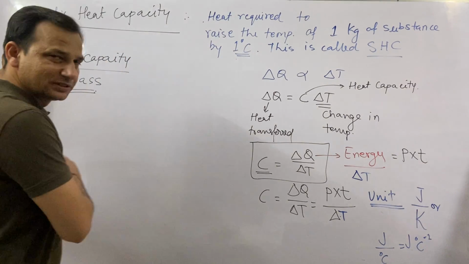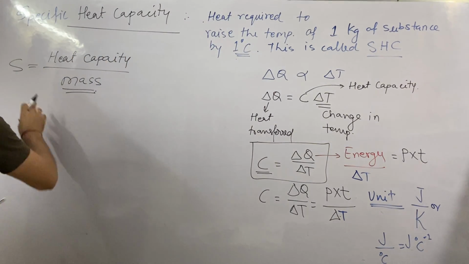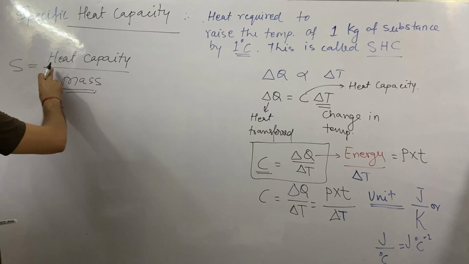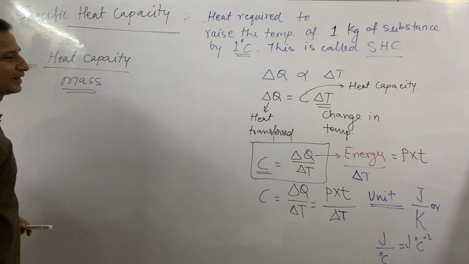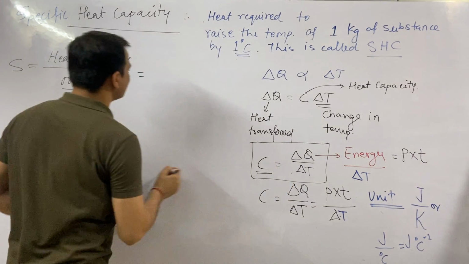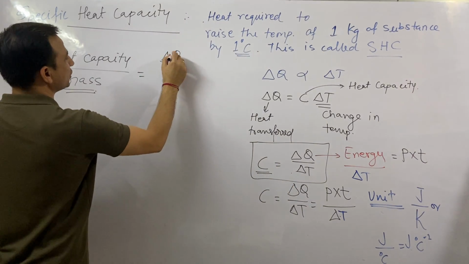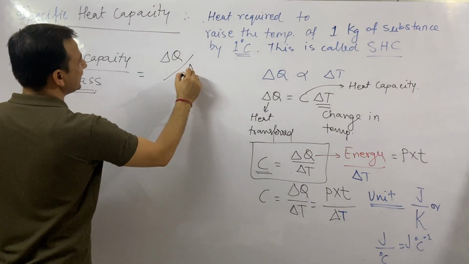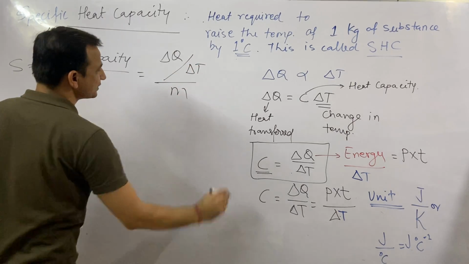I hope it's visible. It's not going out of the screen. So specific heat capacity, S, is equal to heat capacity divided by mass. So what is heat capacity? You know, delta Q by delta T divided by mass.